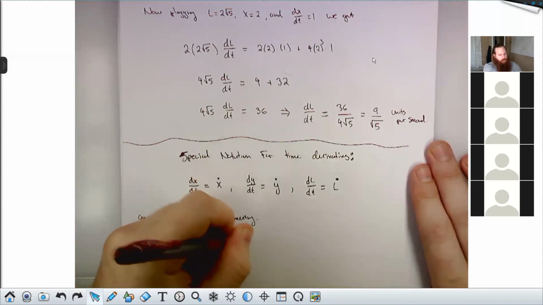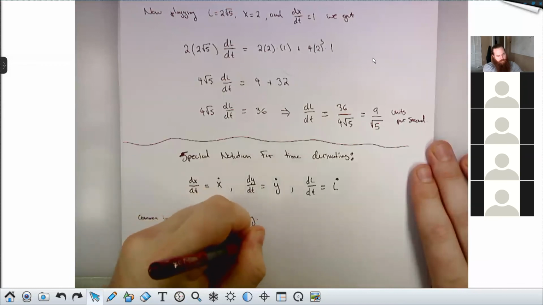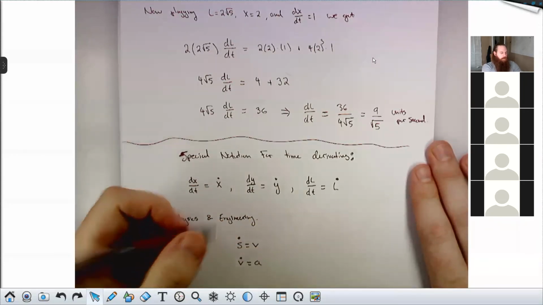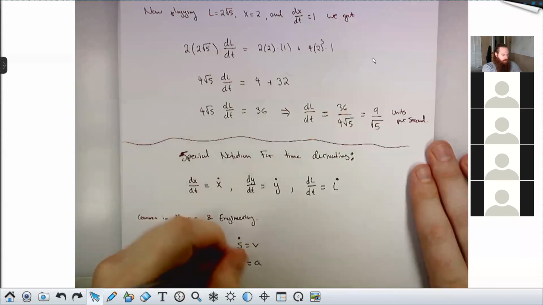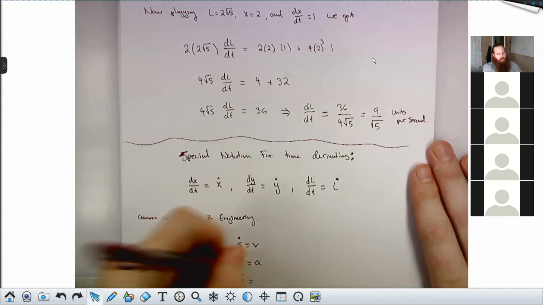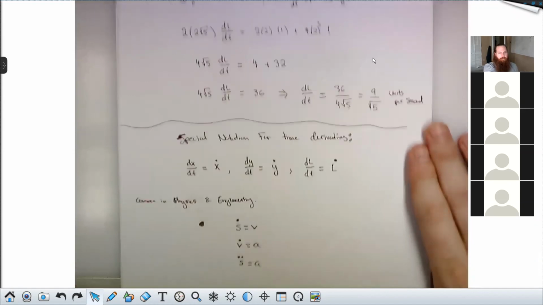So s is usually position, so s dot is v. v dot is a. And so you also know that v dot is the second derivative of position, so you could also say s with two dots, for the second derivative, is a.